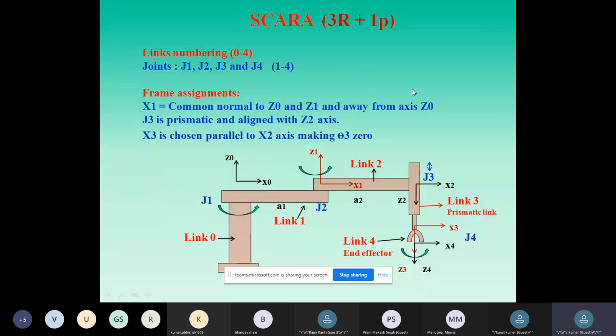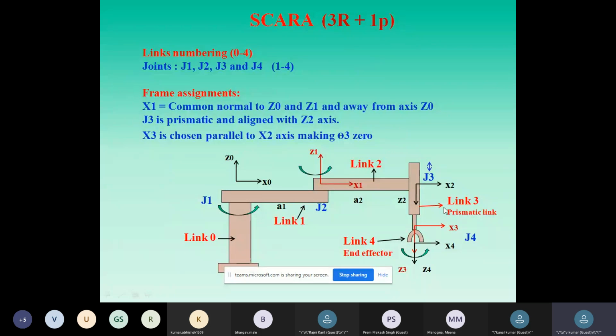Then we establish the X axes. X1 will be perpendicular to Z0 and Z1 and away from Z0, in this direction. Similarly, X2 will be perpendicular to Z1 and Z2 and away from Z1, in this direction. Similarly, X3 perpendicular to Z2 and Z3, in this direction.